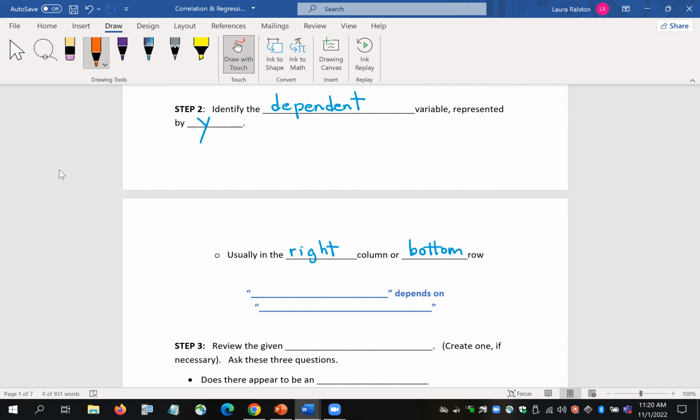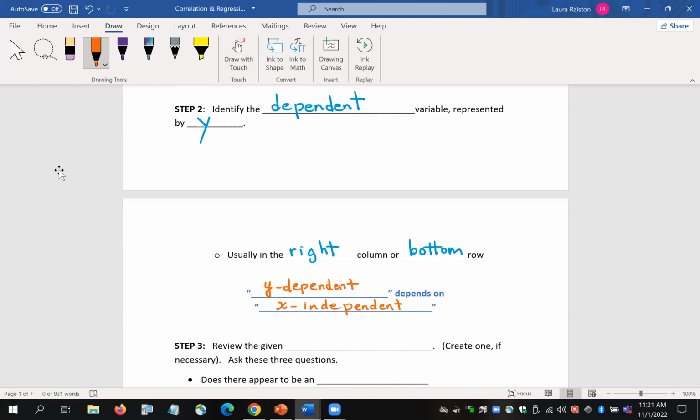You can kind of use this little saying. Whatever you put in this first blank becomes your Y, or the dependent variable, and whatever you put in the last blank is your X, or your independent variable.